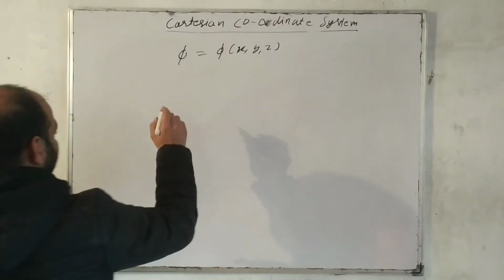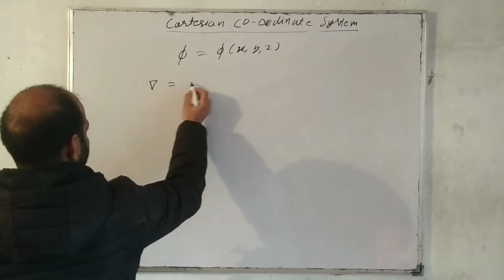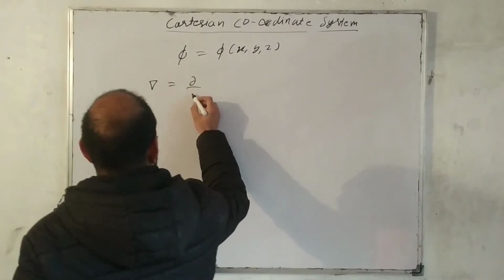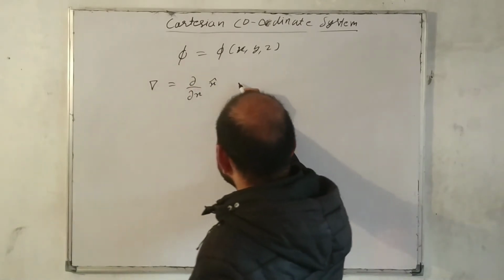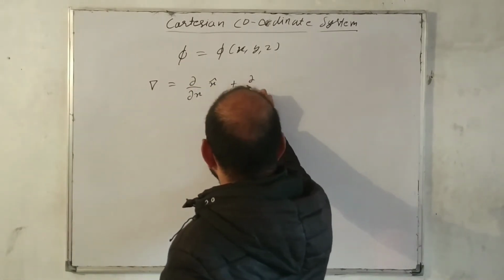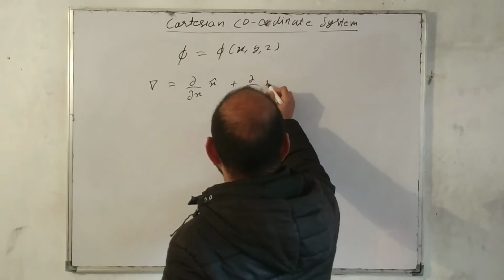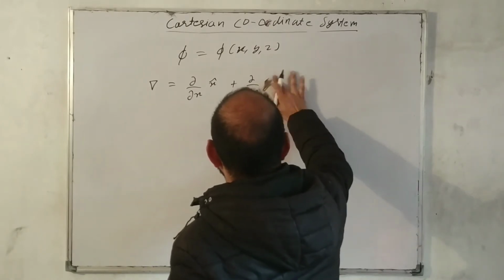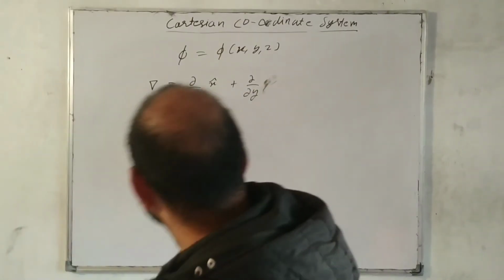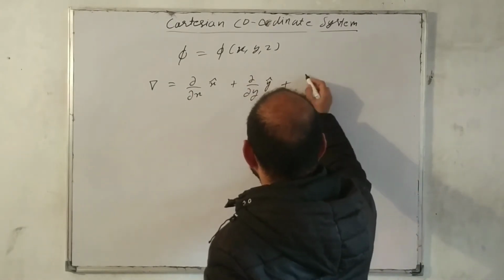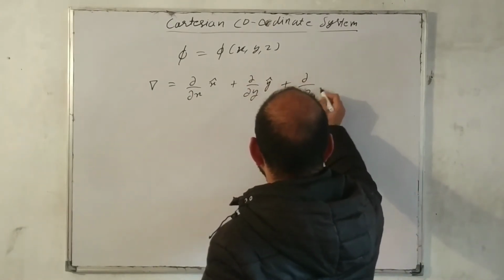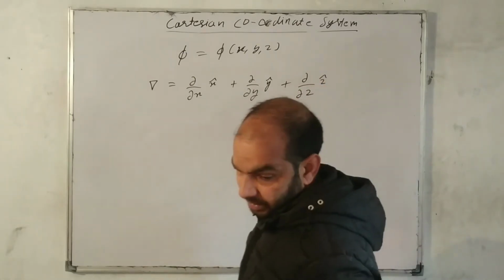Now the gradient operator is written as del by del x along the x direction plus del by del y in the y direction plus del by del z along the z direction.